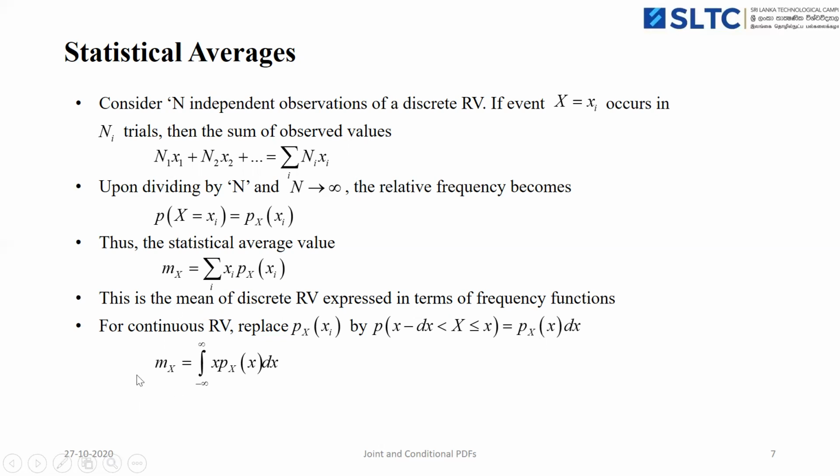So for a continuous random variable, the mean is calculated by multiplying the event x with the PDF function of the random variable X, and integrating over the interval minus infinity to plus infinity.